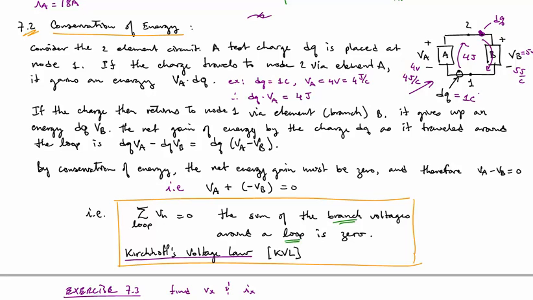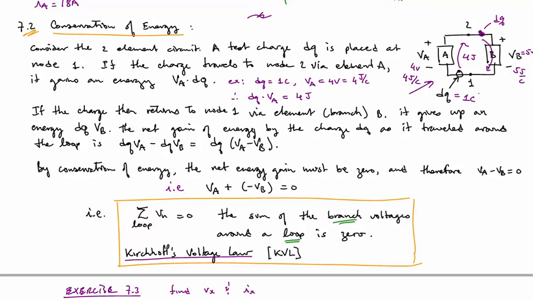It gives up 5 joules. So that means we need to put 4 joules in, but we get 5 joules out. Right? So we don't have conservation of energy, and we actually have a perpetual motion machine. Even better than that, we can have some free energy. So that's why we say conservation of energy is really what KVL is about.